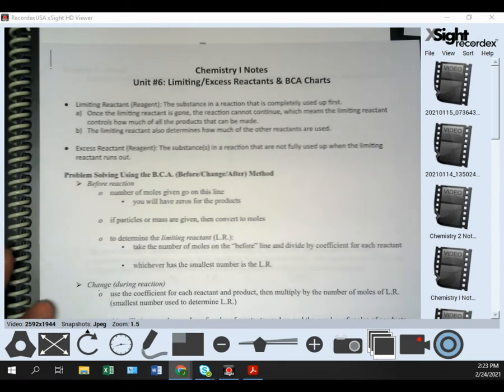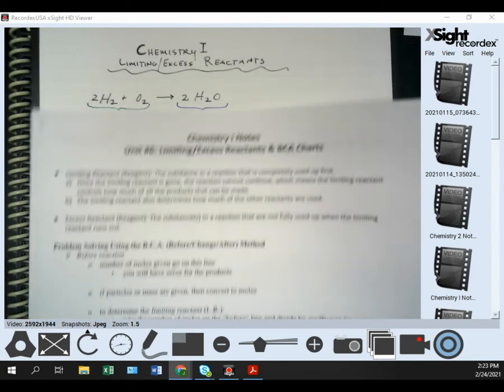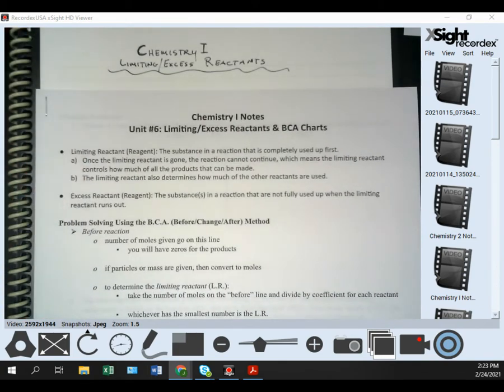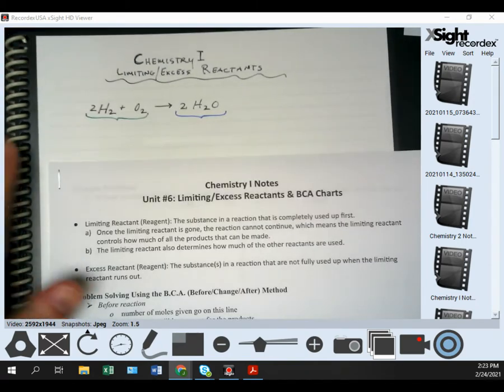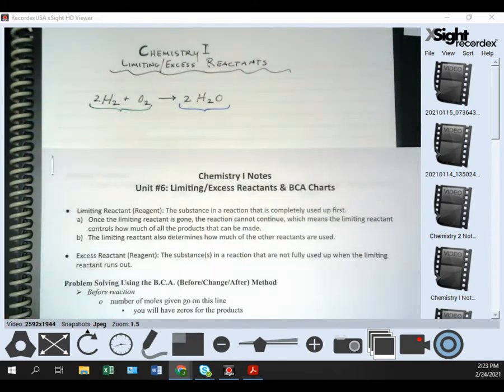Okay. So first off, if we have a chemical reaction like this, 2H2 plus O2 yields 2H2O, what are the things on the left? Generically, what do we call those? Everything on the left of the arrow. Reactants, good.